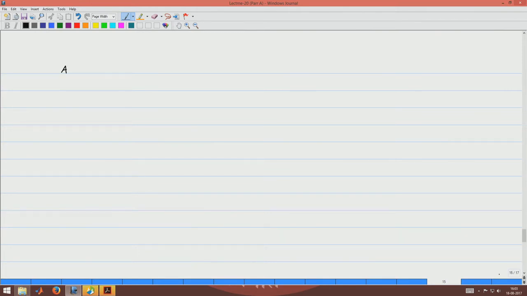A graph is connected if every pair of vertices is joined by a path.